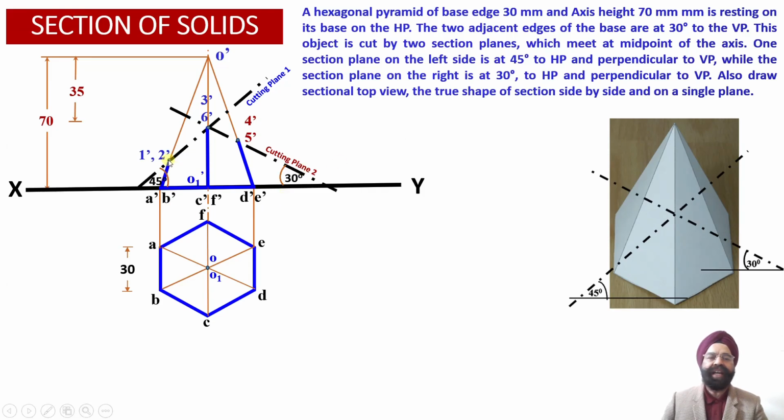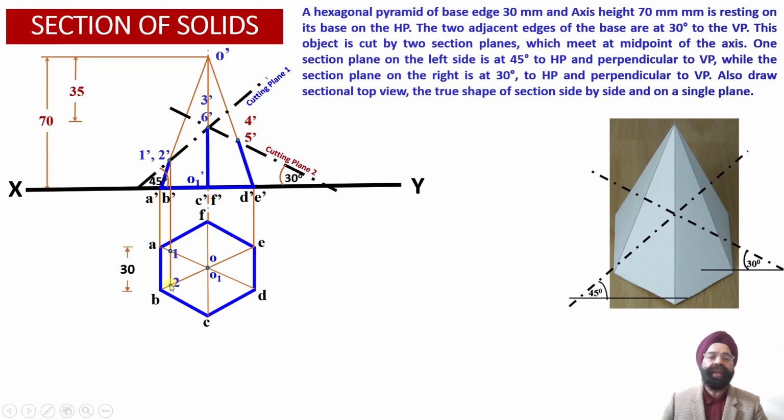So now from points 1' and 2', if we draw a vertical projector line, the intersection of this vertical projector line into the top view projection with the slant edge OA will provide us with the location of the point 1 in the top view projection, while the intersection of this vertical projector drawn through the point 2' over here into the plan projection view with the slant generator OB will provide us with the location of the point 2 in the top view projection.